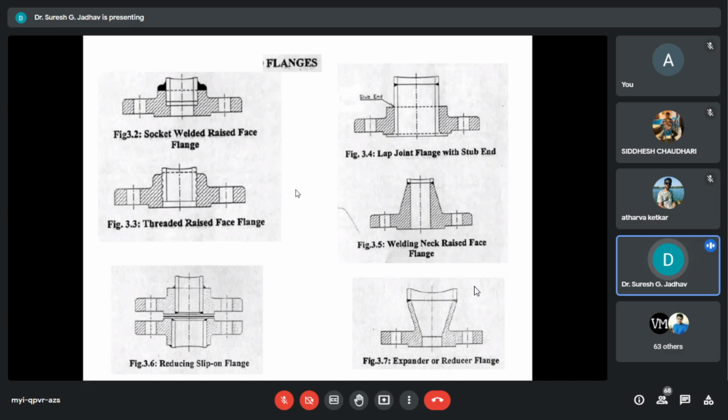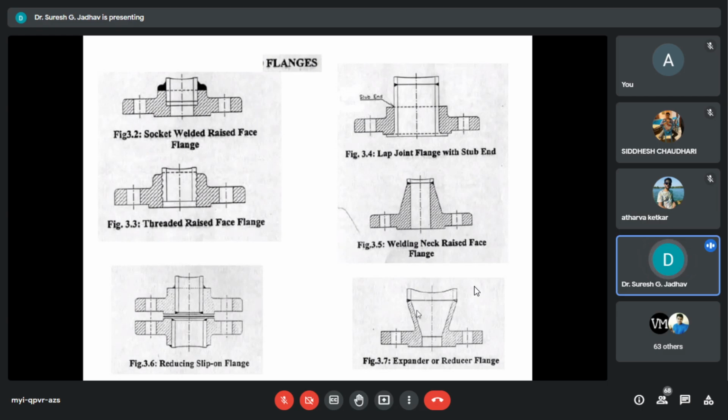And the second one is the expander or reducer flange. Here you can see the bolt holes are in multiples of 4 and straddle the fitting center lines.